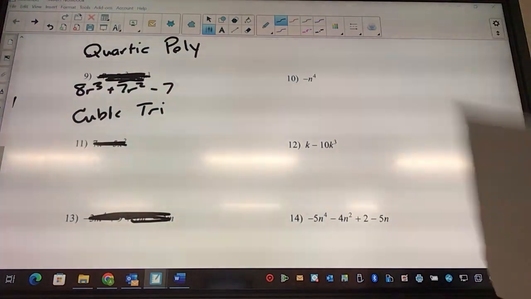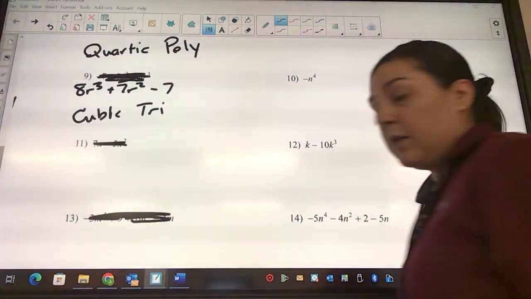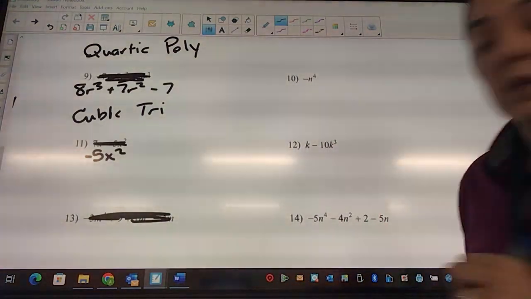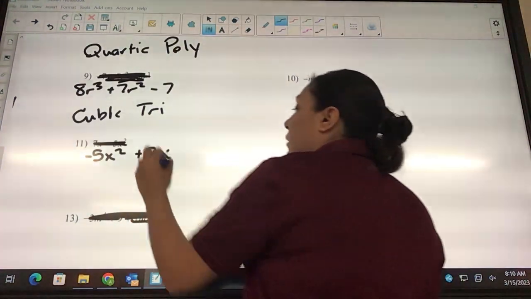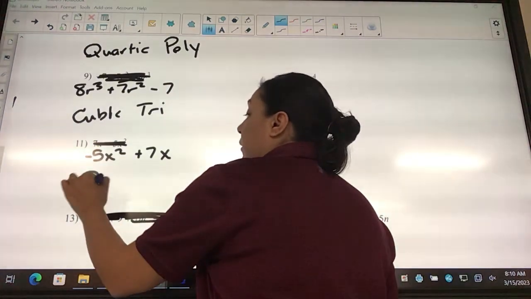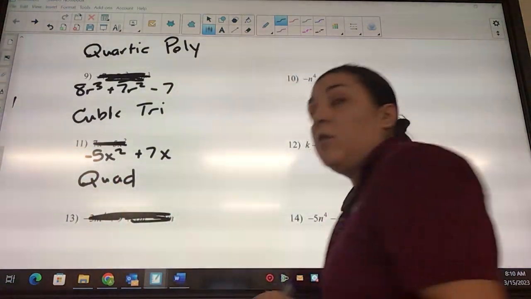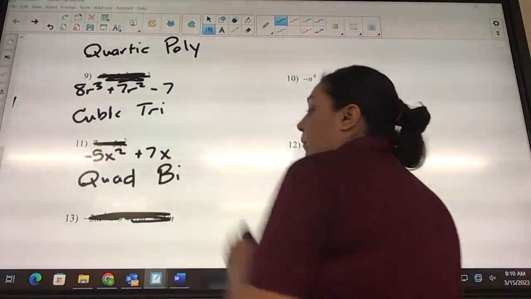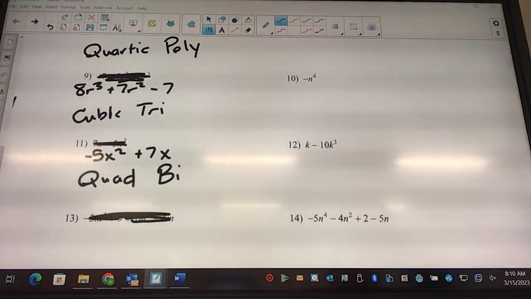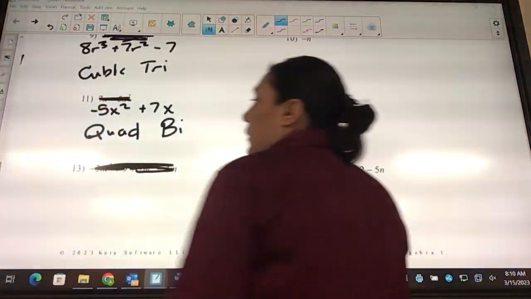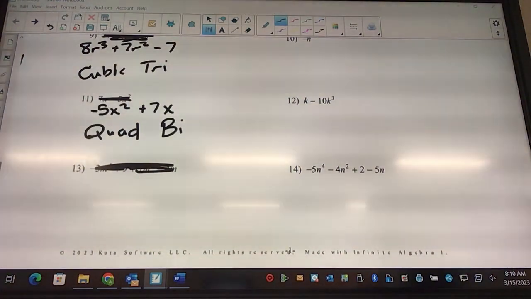Okay, 11. Which one's coming first? Negative 5x squared. And then plus 7x. What's our degree going to be? Quadratic. And the pieces? Binomial. Okay, 13.